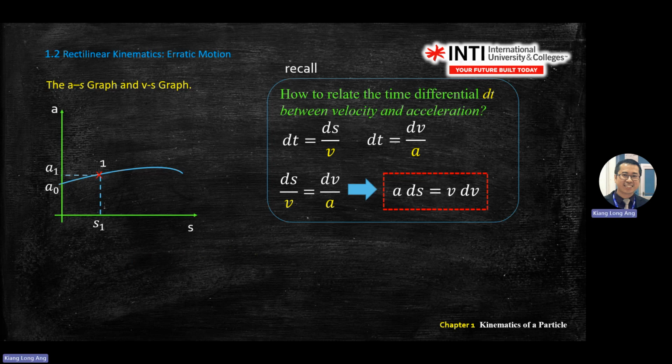Now on the slide here, you see a few equations: dt, ds, dv, dt, dv, a. And then you move them around. You freeze the time. When you convert from the time graph into the displacement graph, you need to freeze the time.